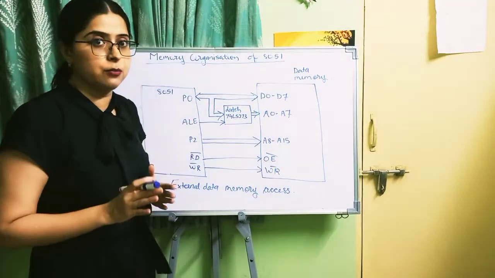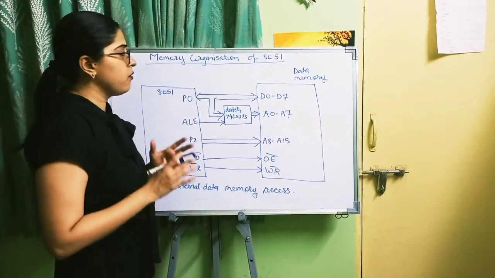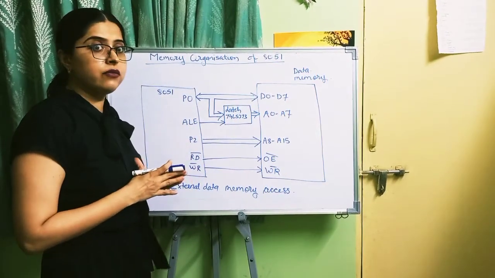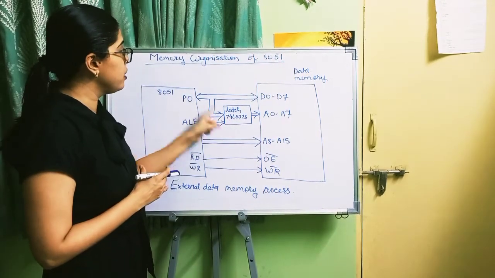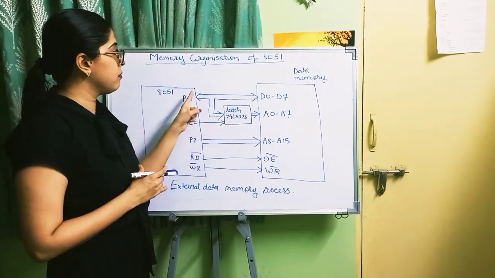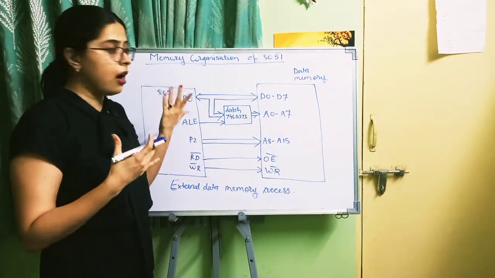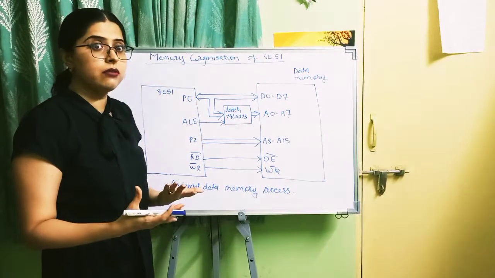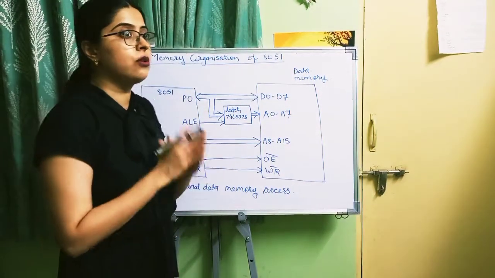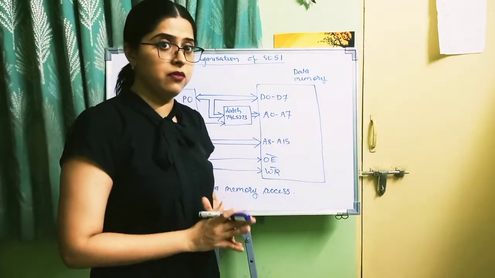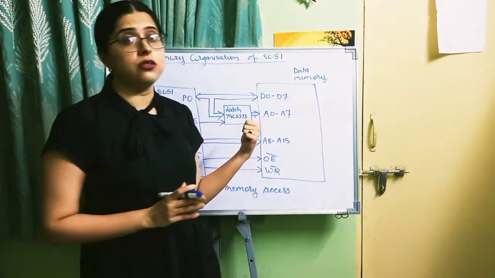The lower order address, the content of the DPL, is carried by port 0, and when the address is latched, this bus is free, so the data transfer can take place according to the control signals, read bar and write bar. So data transfer takes place after address latching is over. I have explained the process in the previous video. I request you to watch the previous video before watching this video.